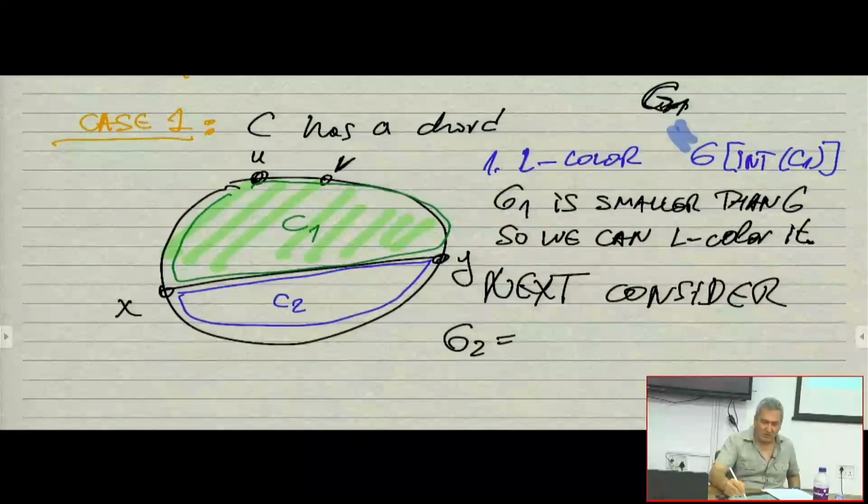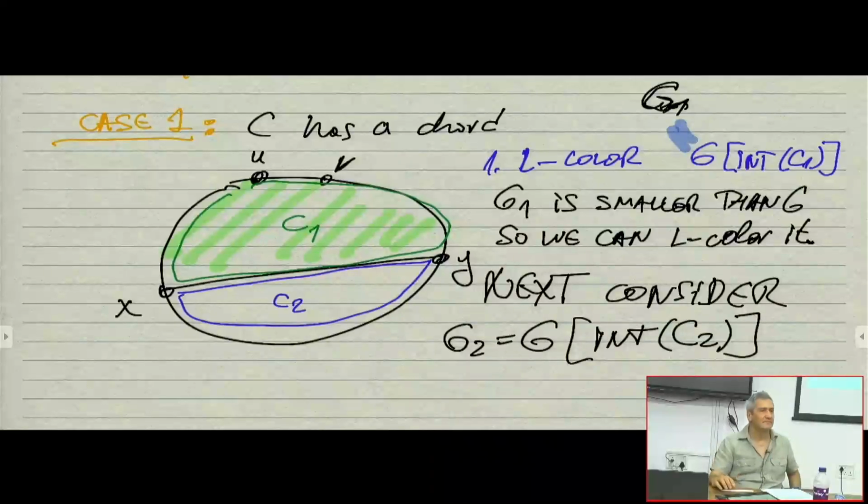Now consider G2, the graph induced by the vertices on C2 and inside. Does this graph have 2 colored vertices? Yes or no? Do you see the 2 colored vertices, x and y? Why are they colored? Because we colored them when we colored G1.